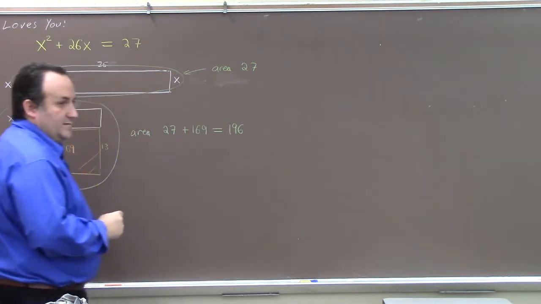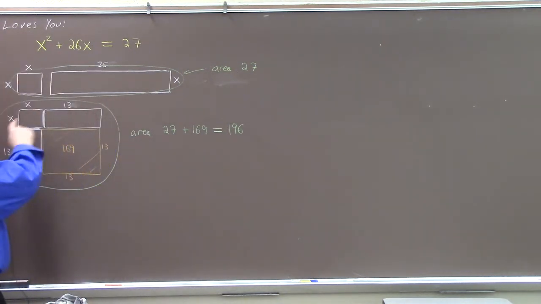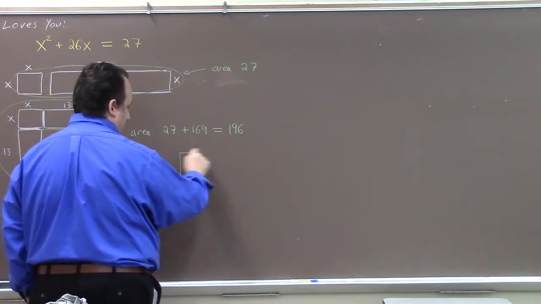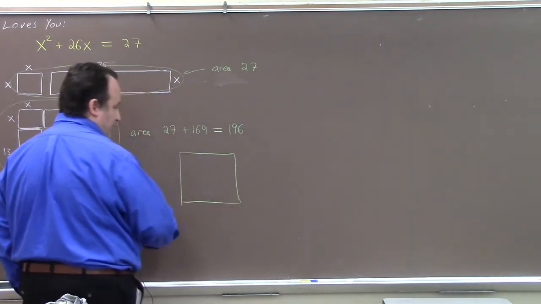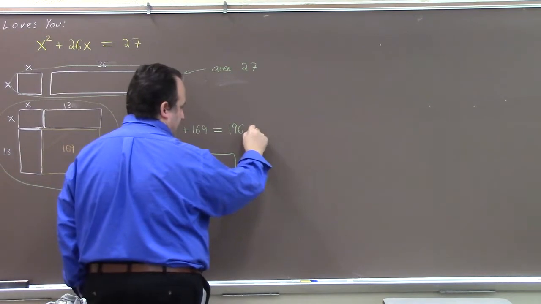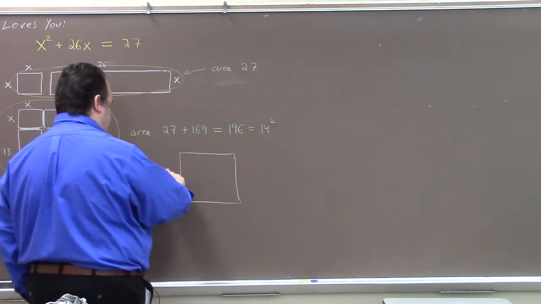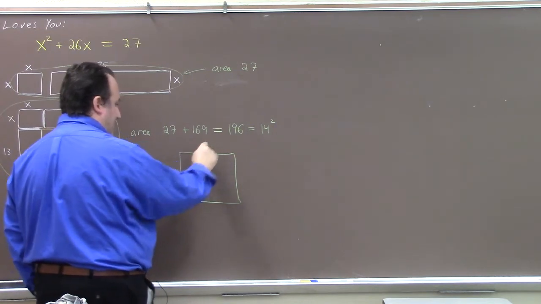But also, what is this? Like I said, completing the square. This is a square now. So what is the length of a side of a square that has area 196? This 196, by the way, is 14 squared. So you see that's a 14 by 14 square.